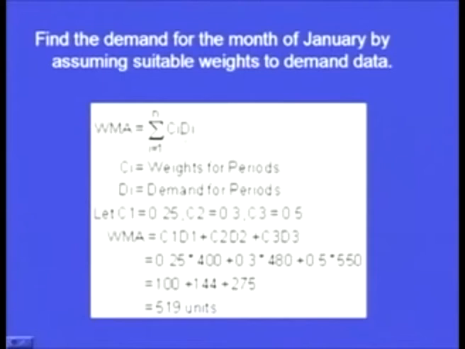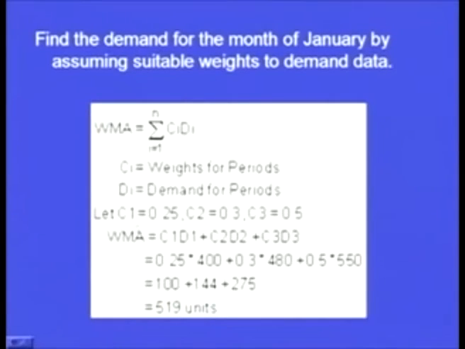So, Ci is new in our discussion today. Ci are the weights for the periods, like we have 3 periods, 3 observations available with us, and Ci will be a weight associated with those observations, and Di is the demand for the periods. Now C1 D1 will be the weight of the demand 1, and D1 will be the demand.